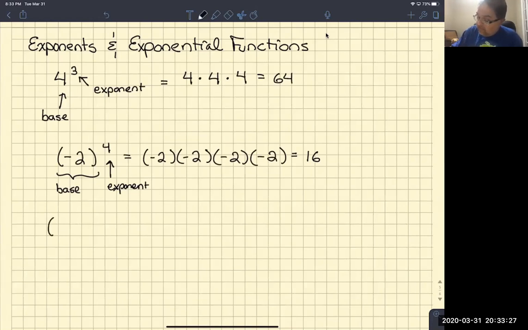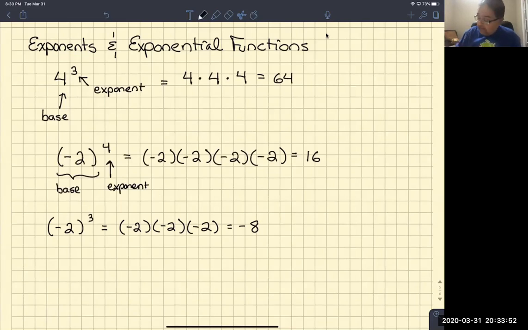So, some examples. -2 to the third power is -2 times -2 times -2, which is -8. -2 times -2 is +4. +4 times -2 is -8. And that makes sense because I'm raising a negative base to an odd exponent, okay?